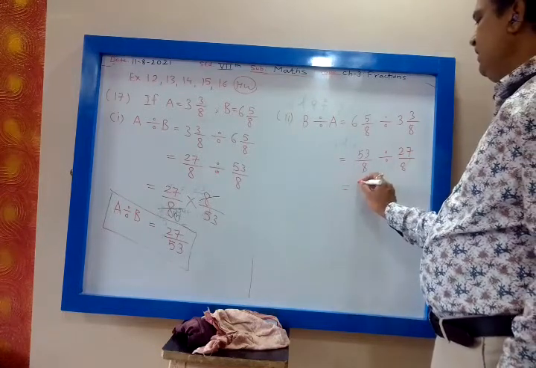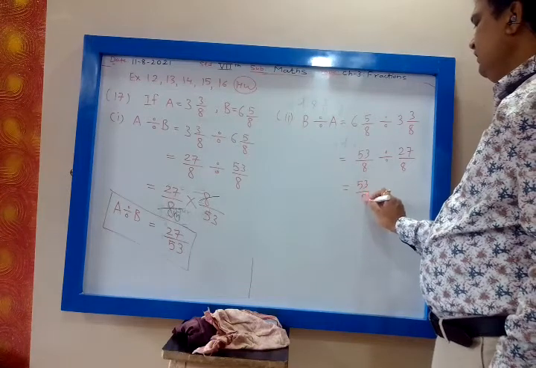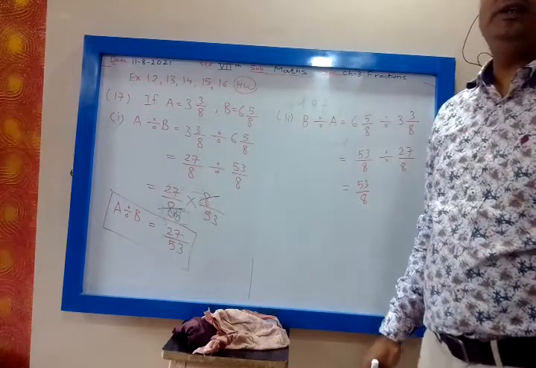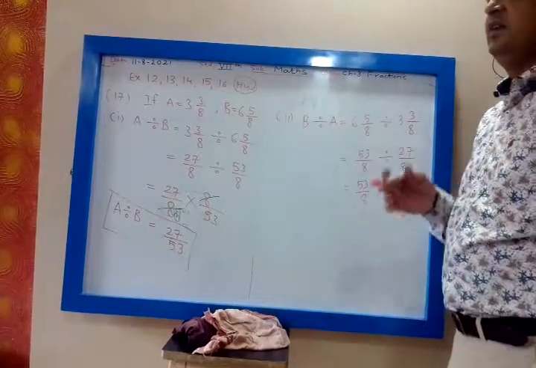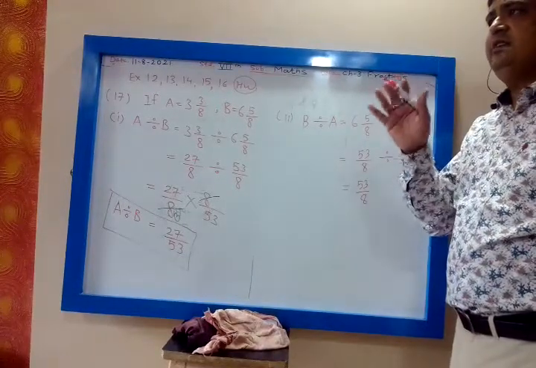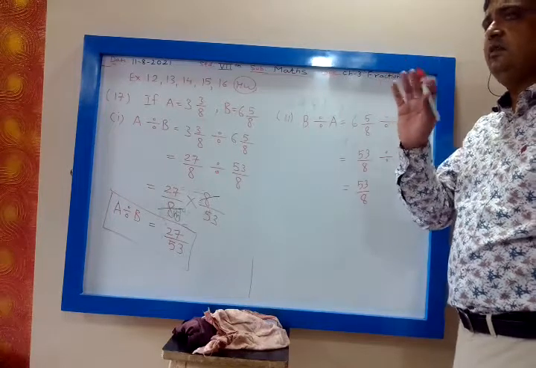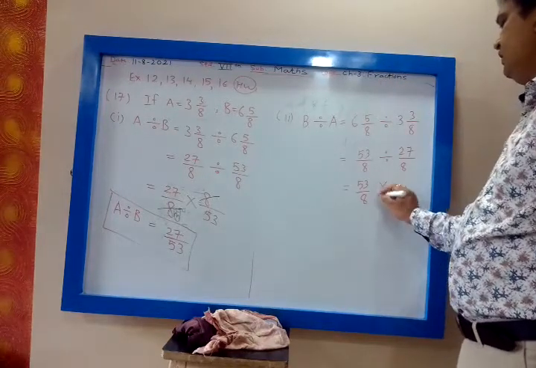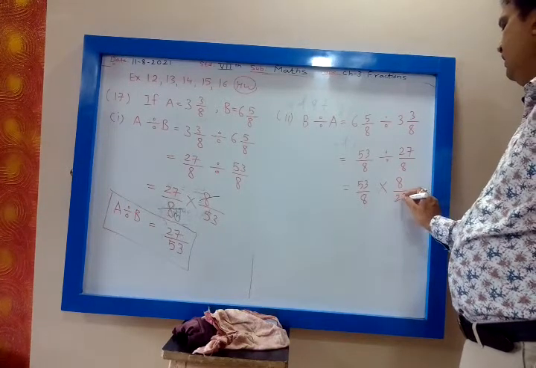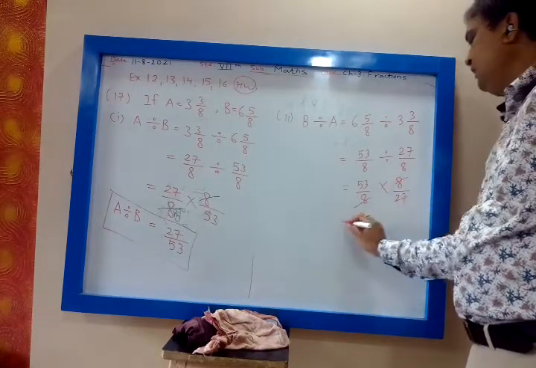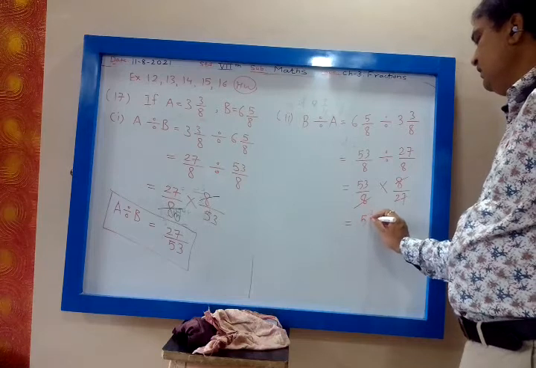So 53 by 8. See here, when we convert division into multiplication, we only take the reciprocal of the second, not the reciprocal of both. So reciprocal of the second, 8 by 27. Now 8 gets cancelled. So that is 53 upon 27.